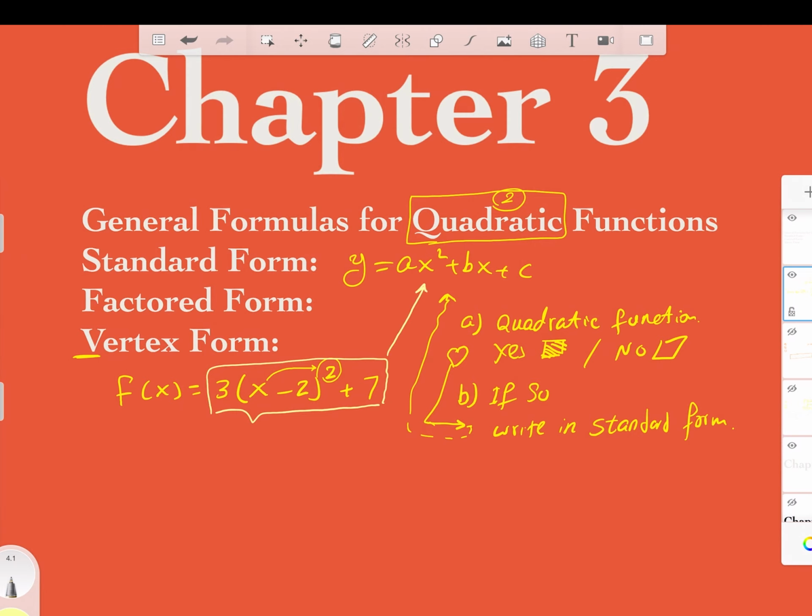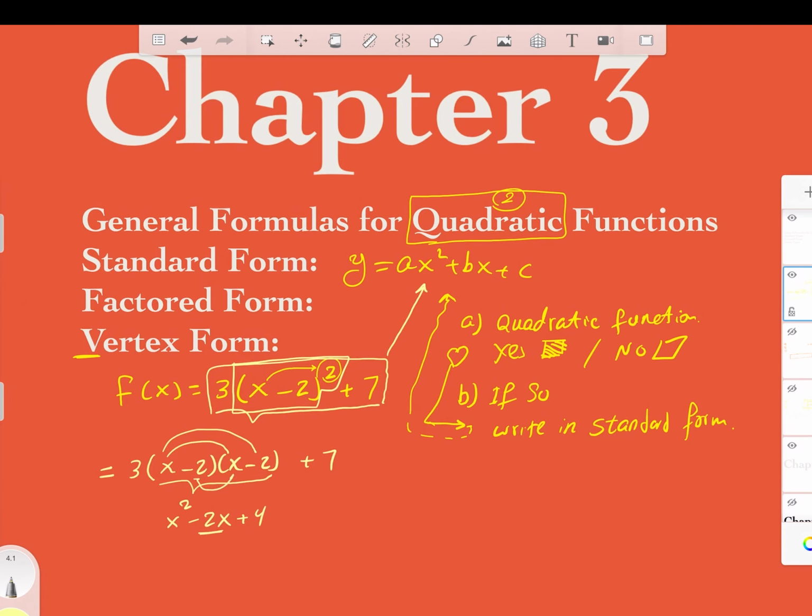So it's all algebra. We make it equal to 3 parenthesis x minus 2 times x minus 2 plus 7. Instead of x minus 2 squared, I wrote it like this. Now if you simplify this, you will get x squared minus 2x plus 4. So x times x is x squared. X times negative 2 is negative 2x.